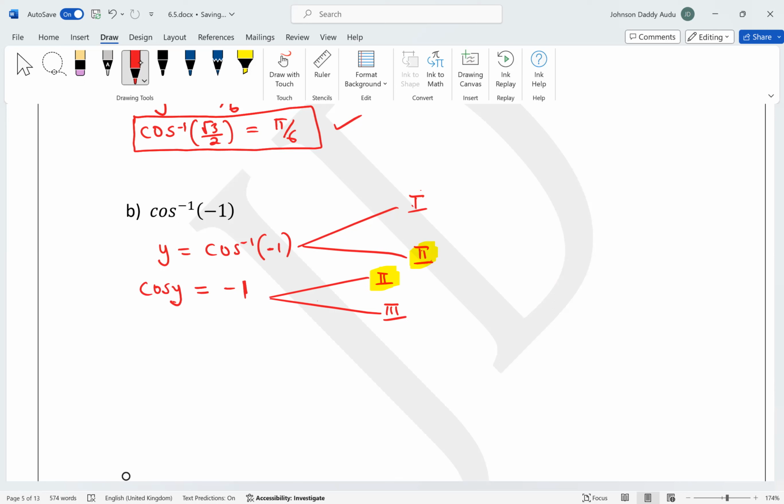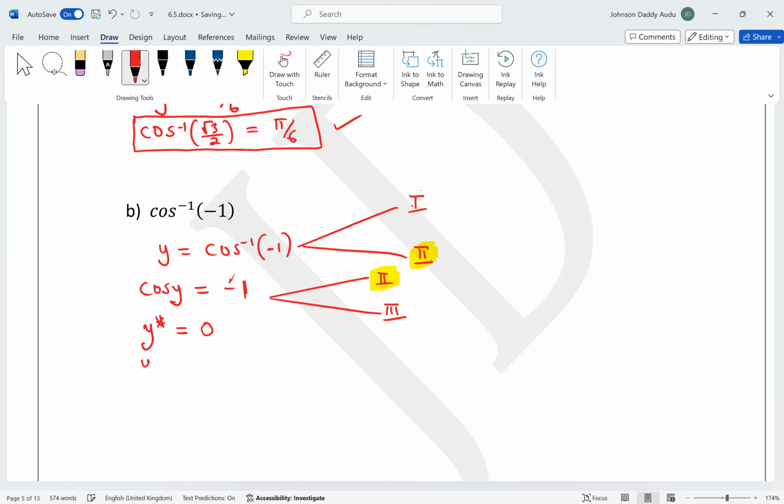Now, we need to bother about y star, right? Y star will be an angle in the first quadrant whose cosine is equal to 1. And that is just y equals 0. Because y equals 0 is in the first quadrant. If you take cosine of 0, you get 1. Just like I said, you don't bother about the sign, whether it is negative.